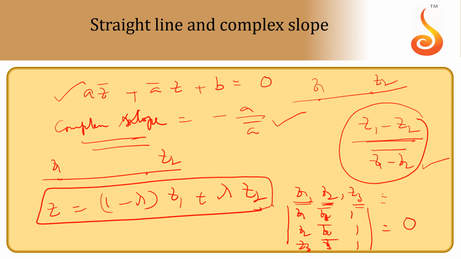If z3 is a point on the line, the determinant value will be 0. And this is called the non-parametric form. This is called the general form. And this is complex slope. This is called the parametric form. At least you should be aware of these minimum things regarding straight lines.